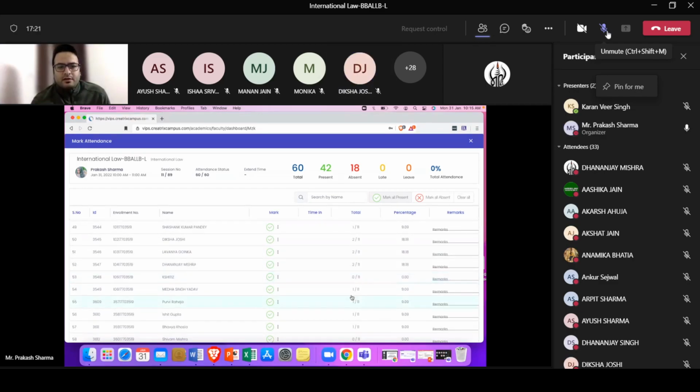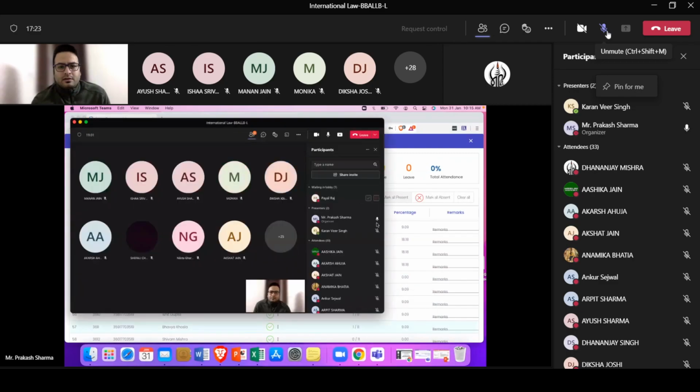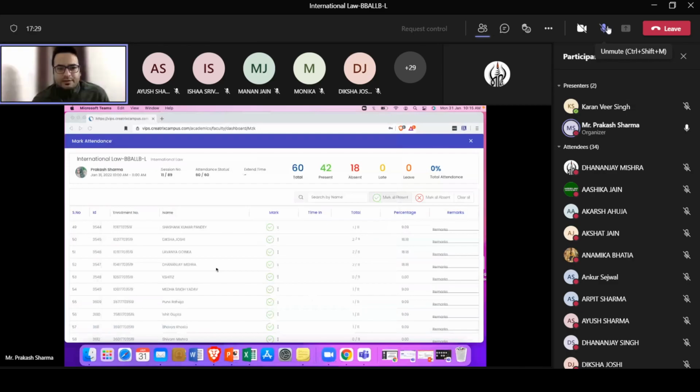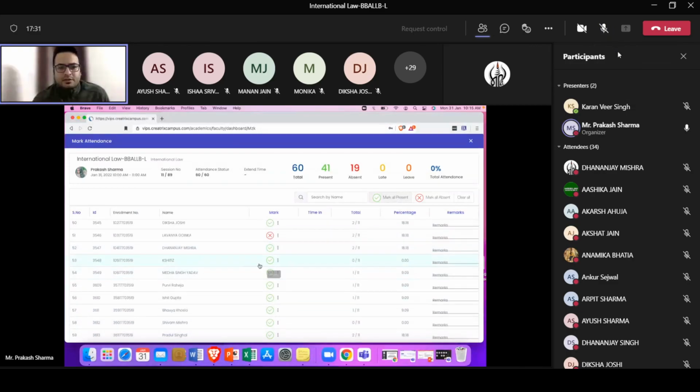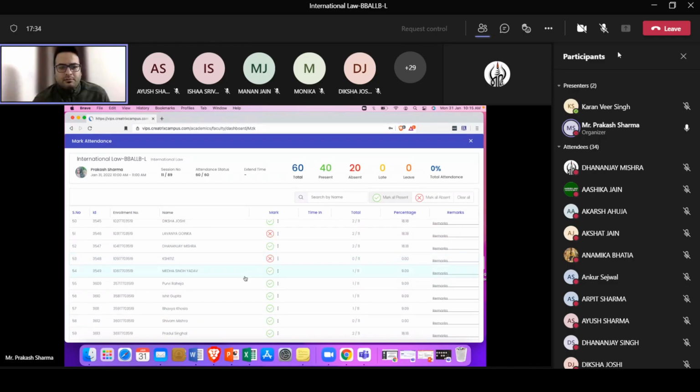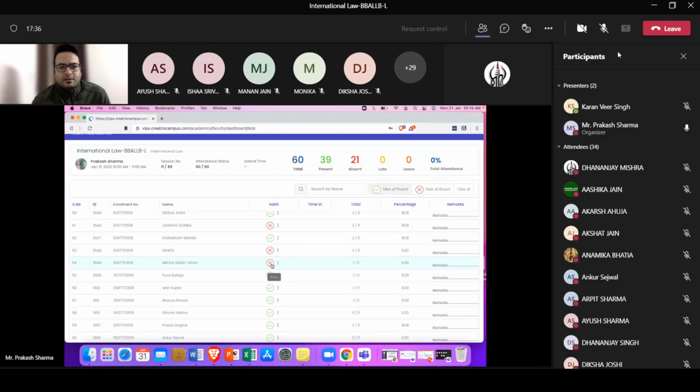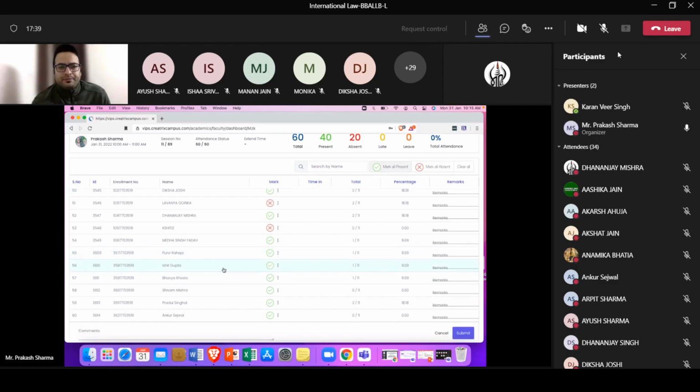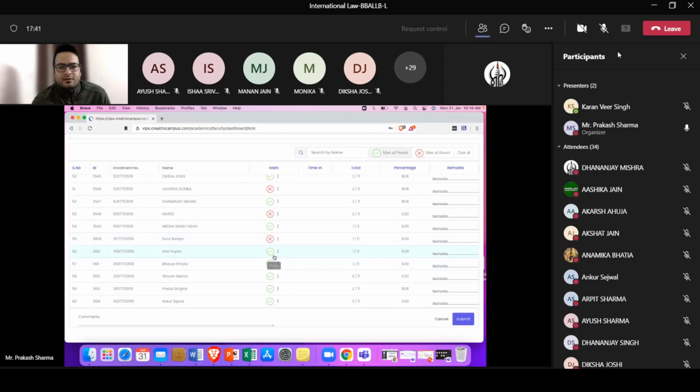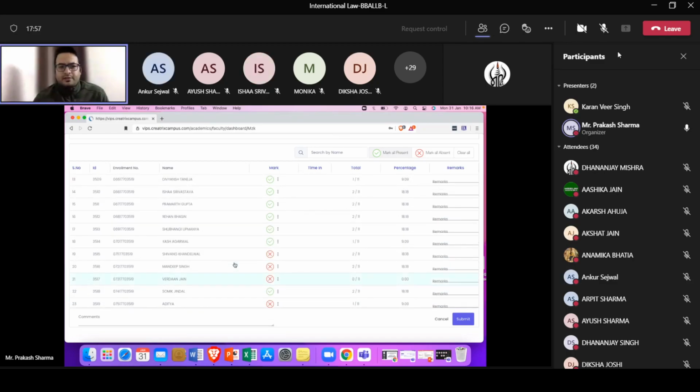Lavanya, Kshitij, Medha present, sir. Purvi, Ishit, Bhavya, Shivam, Pradul present, sir. Ankur present, sir. Someone joined late.